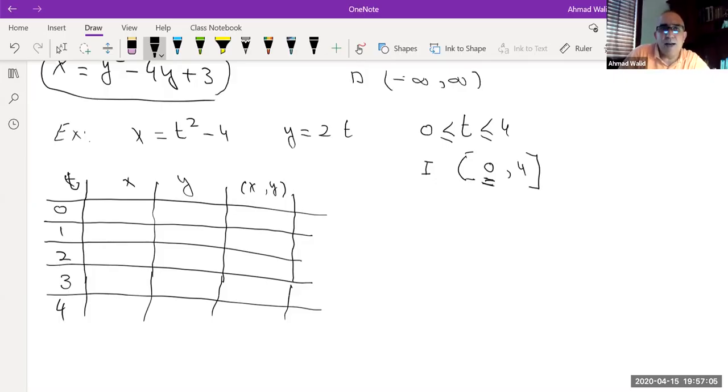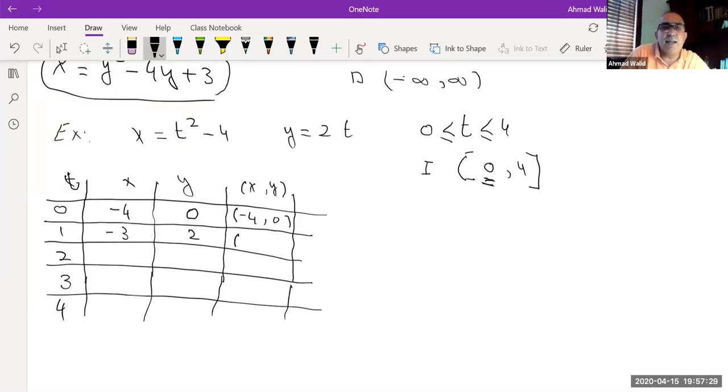Plug in 0 and the x gives you -4. Plug in 0 and the y gives you what? 0. It means your first point is -4, 0. Plug in 1 and the first equation gives you -3. Plug in 1 and the second equation gives you 2.